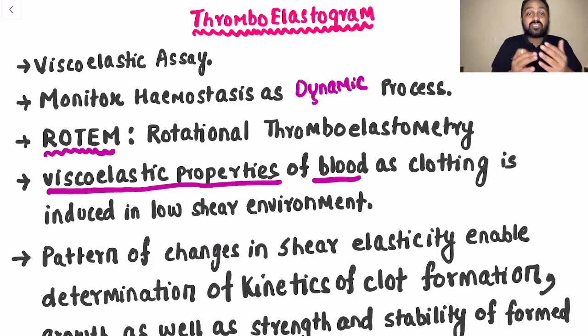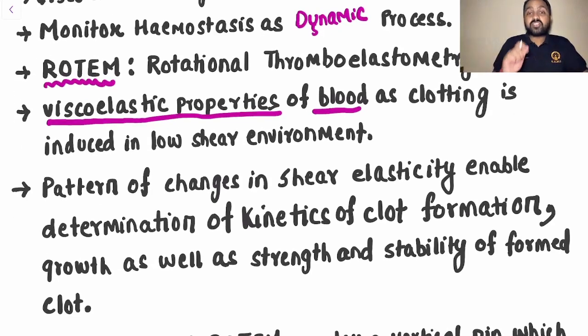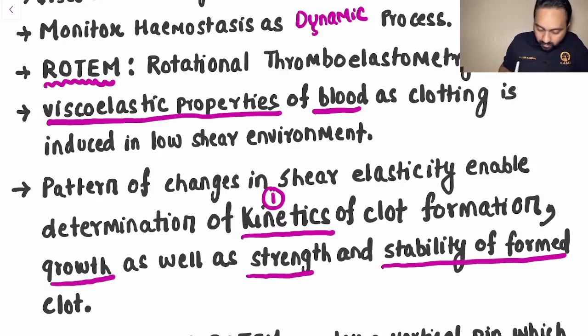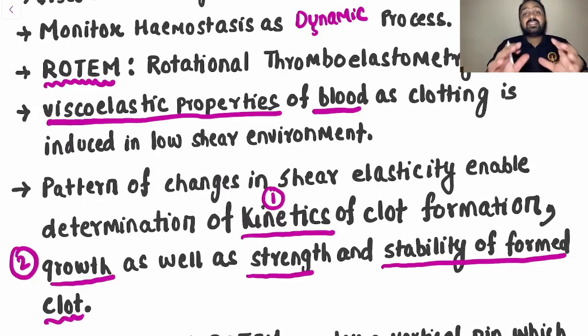The pattern of changes in the shear elasticity enables the determination of the kinetics of clot formation as well as the strength, growth and stability of the formed clot. So this is your monitoring of hemostasis as a dynamic process.